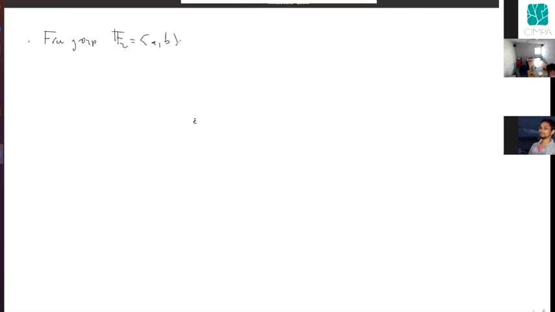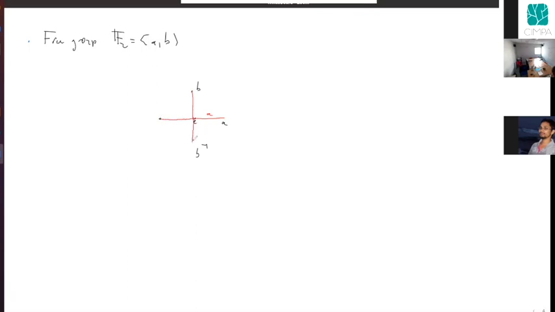So first I can multiply by A. So this is in red. So this is A, and it leads me to my element A. But I could also do A minus 1, or I could do B, or B minus 1. I'm cheating a little bit because I have to change colors this time.